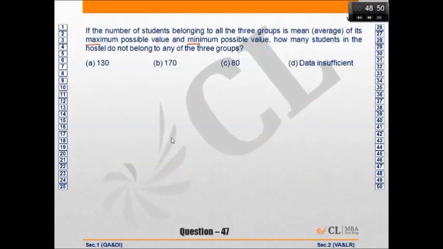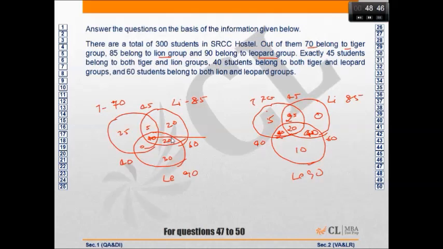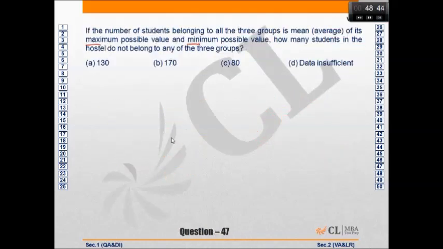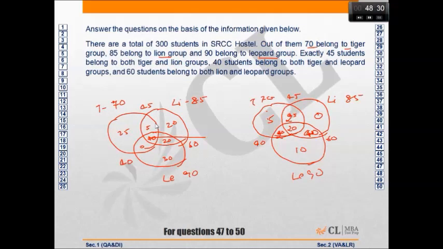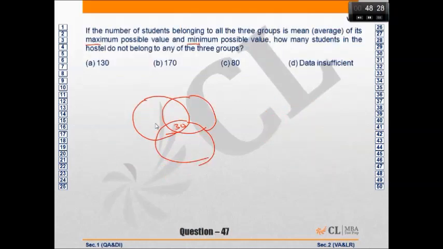So first question talked about maximum and minimum average. That means 30 out there. So let me just make that table also. So if this is 30, how many students in the hostel do not belong to any of the three groups? So what was this? 70, 85, 90. 70, 85 and 90.